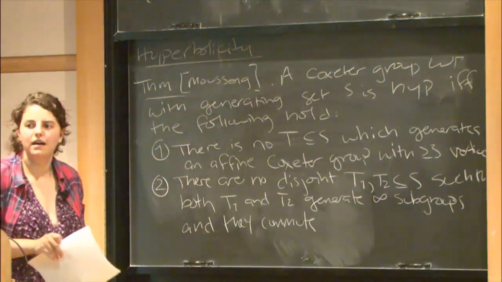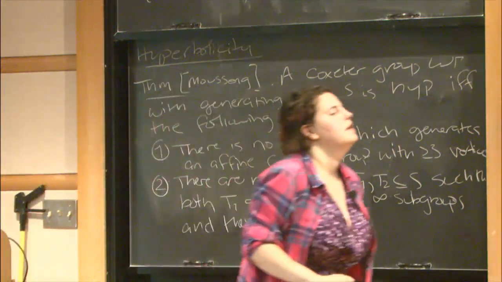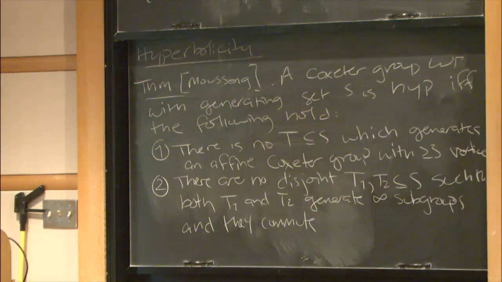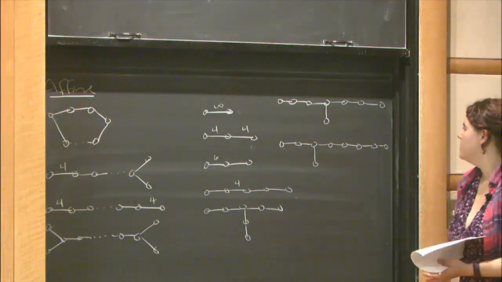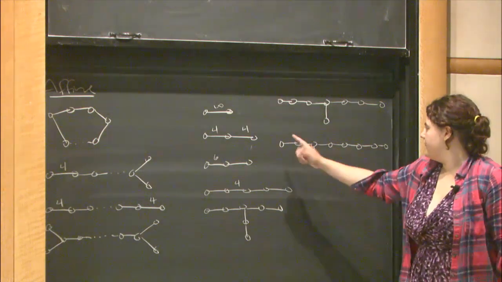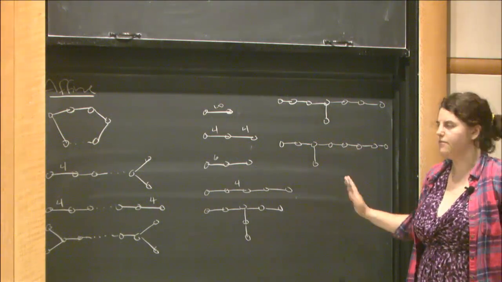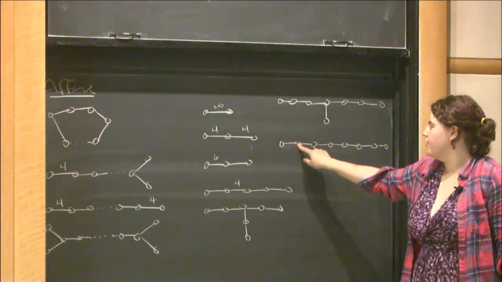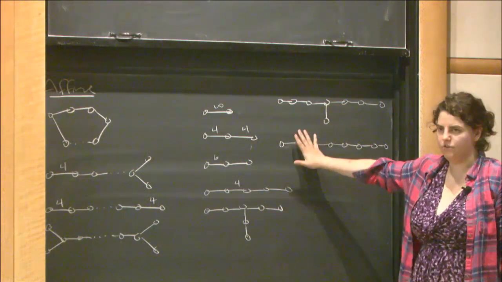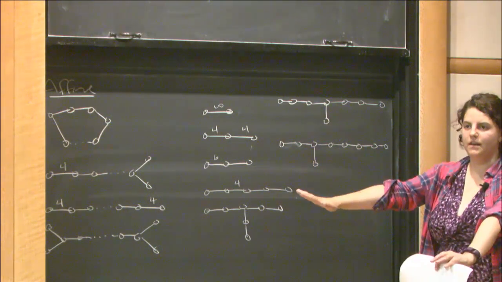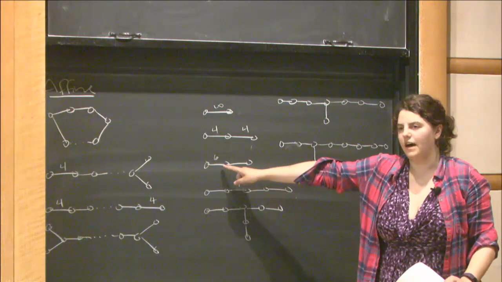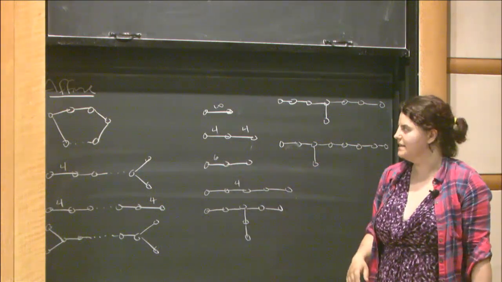Can you say again what these pictures mean? Because I'm so used to thinking of these as root diagrams or something. Okay, yeah. And they're rather different as well. So the vertices are still the generators of the group. The edges that are shown that are not labeled in the picture are actually labeled 3. If it has a label, then that's the label that it is.